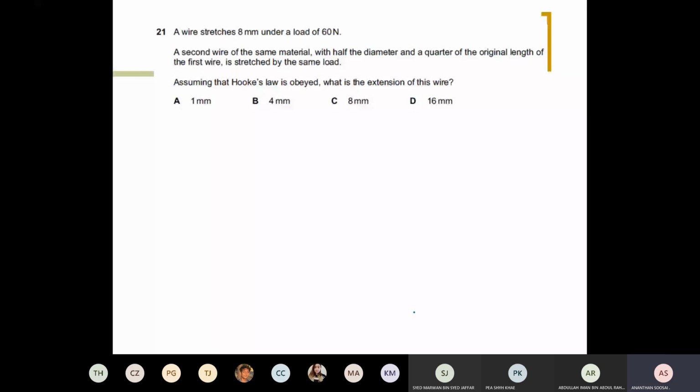My advice, change diameter to area. Diameter, put it in area. If the diameter is D, the area is A. When the diameter is 2D, the area is 4A.